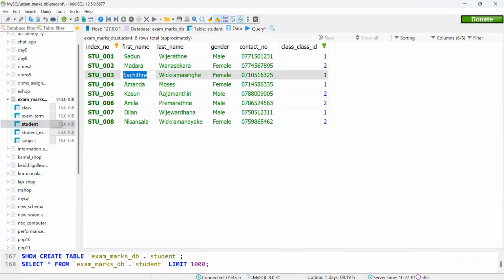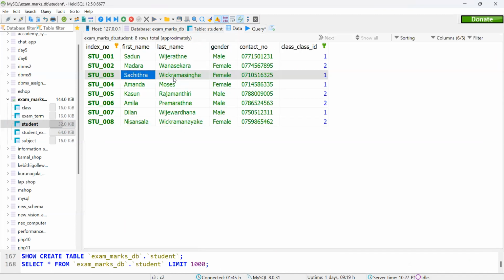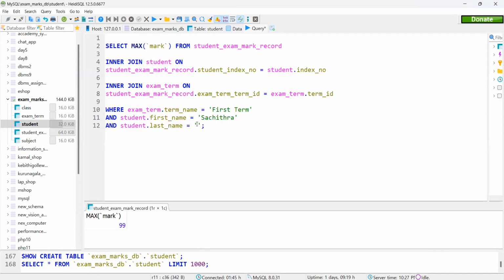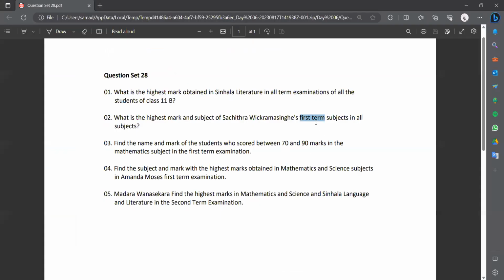Get our name, Sachitra's first name, Wickramasinghe. That way we can get the highest mark that the student got in the first term for all subjects. Let's see, 85.5 is the mark that the student got in all subjects in the first term.